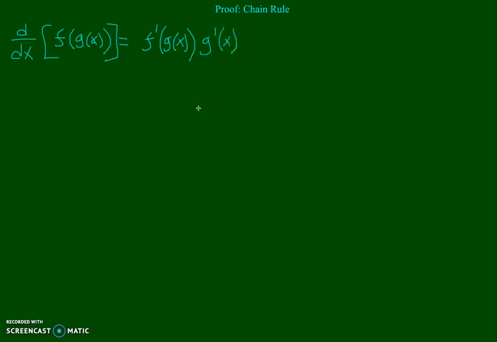To work out this proof, we're going to use a slightly different method than we've used in the past. We're going to use the alternative form of the derivative to solve this.